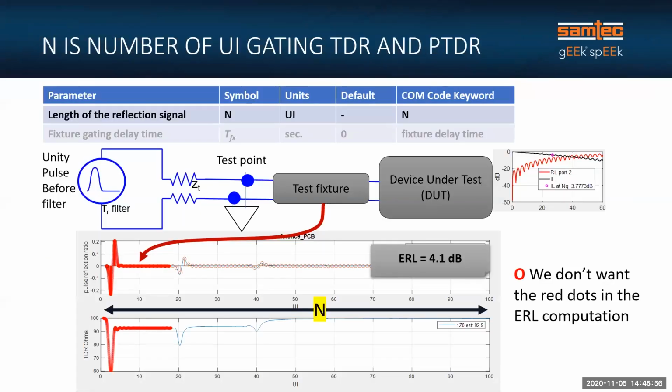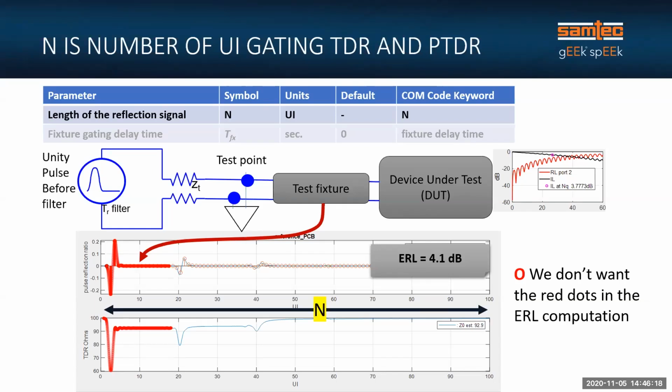Okay, so N is the gating number. These two numbers sort of go together. They're sort of like the window as to where you want to look. You can call that a test fixture or whatever you want, but N is the span that we're going to look over.